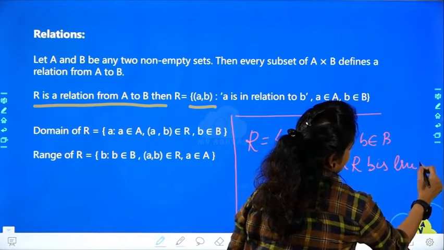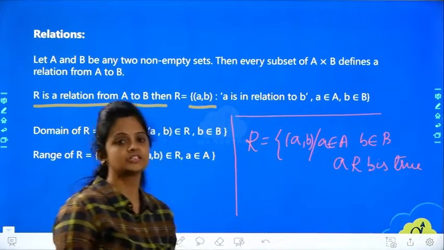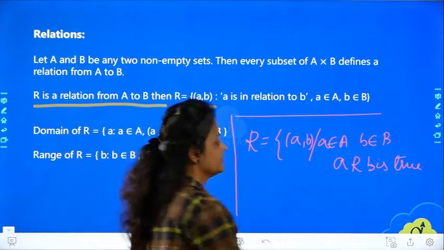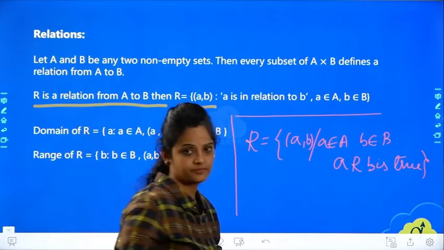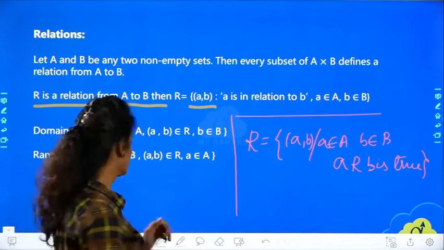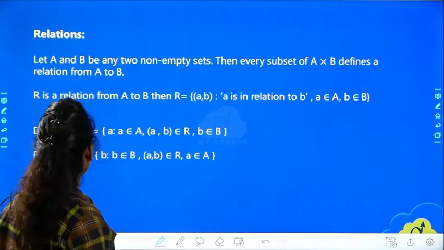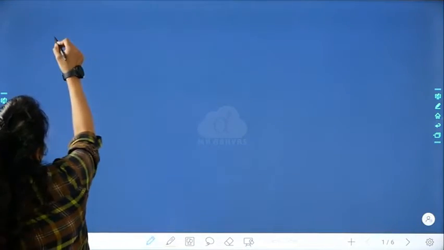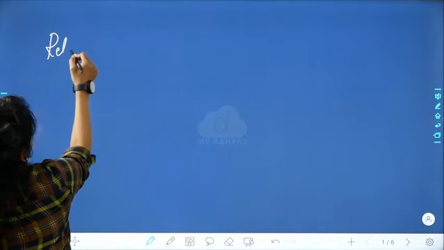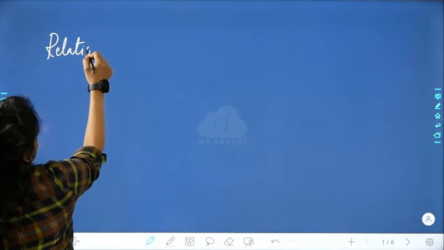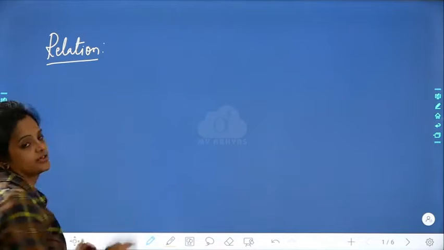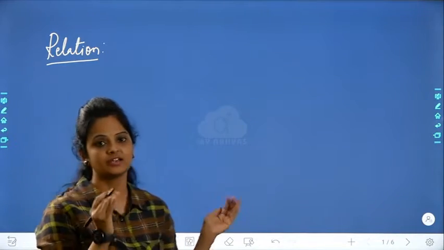Got it? a R b has to be true, then only it is considered in R. How do we do this? Let me explain that here. So one thing I understood is that it is similar to the Cartesian product, right? In the Cartesian product we are taking all the ordered pairs.